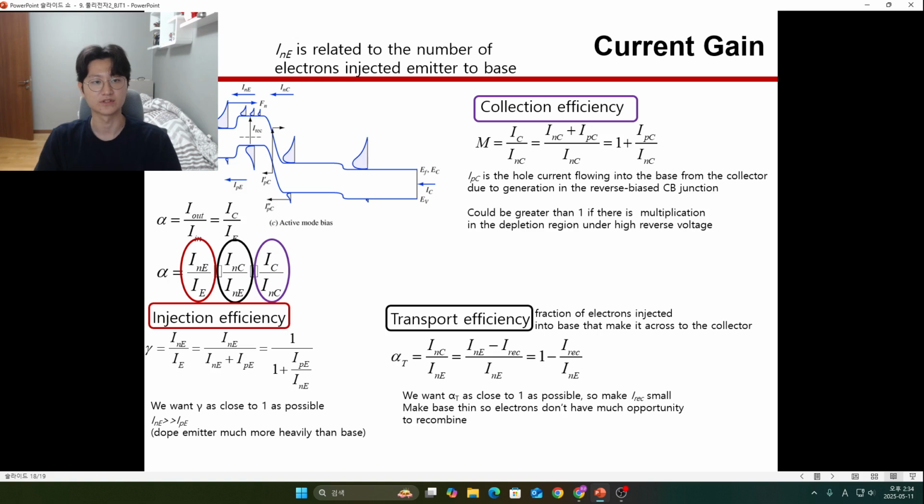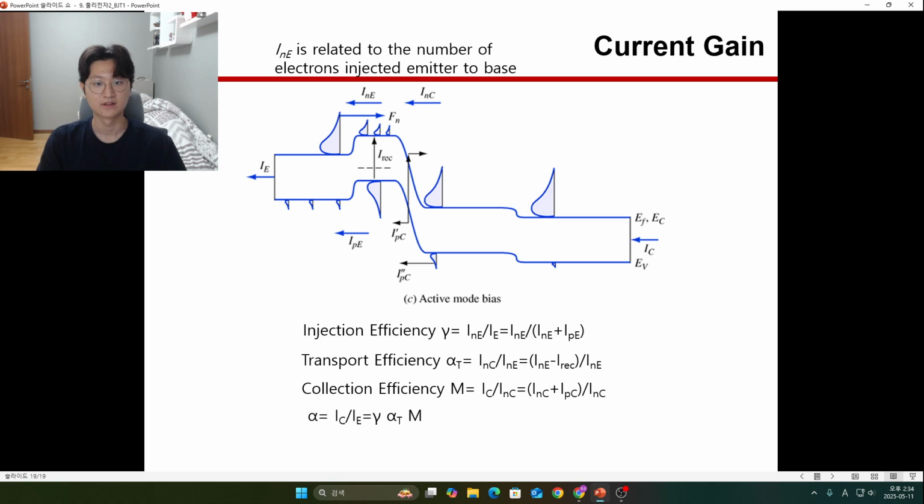We reduce the length of the base, so it reduces the time for holes and electrons to recombine. This is the same picture.